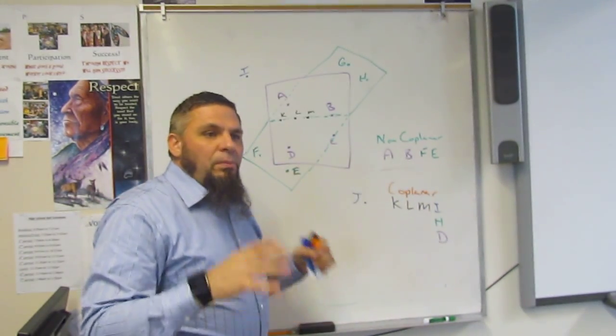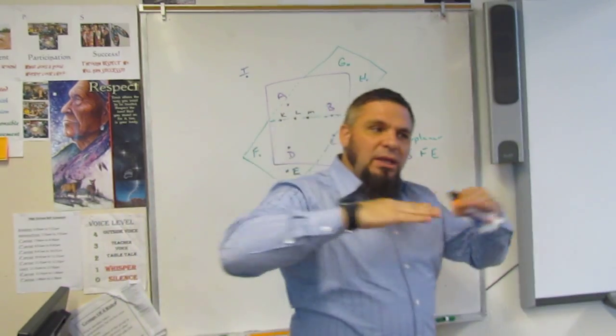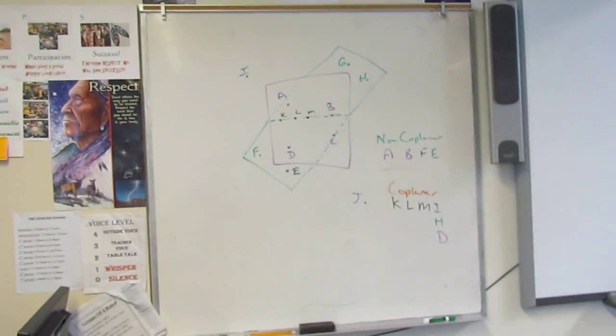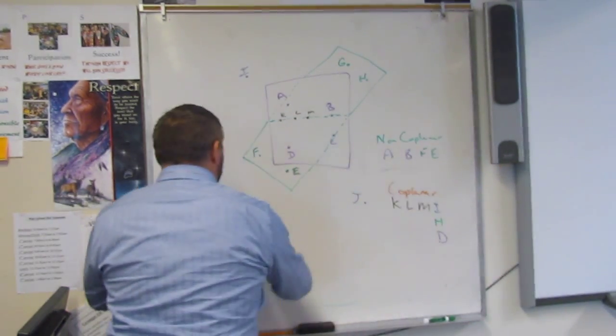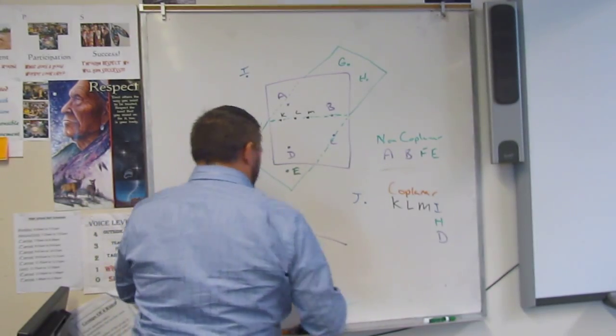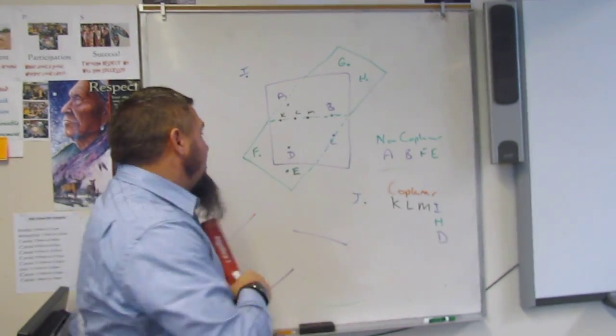Okay? Because any line can be met by a plane. All right? If I have a line anywhere, right here I have a line. If I have a line here or here or here, right? It doesn't matter how.